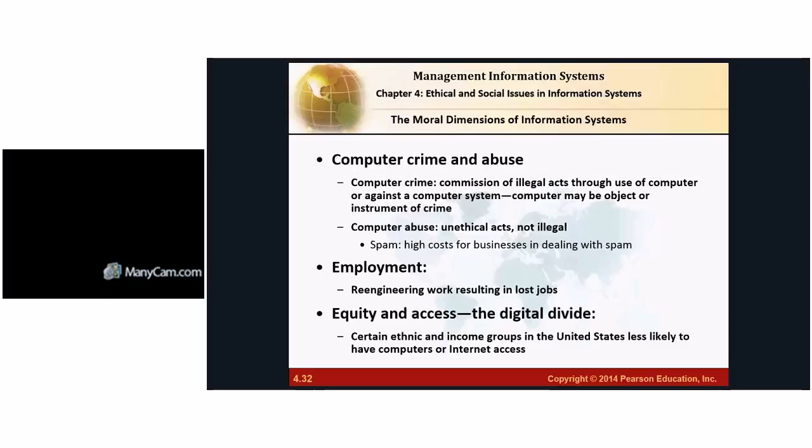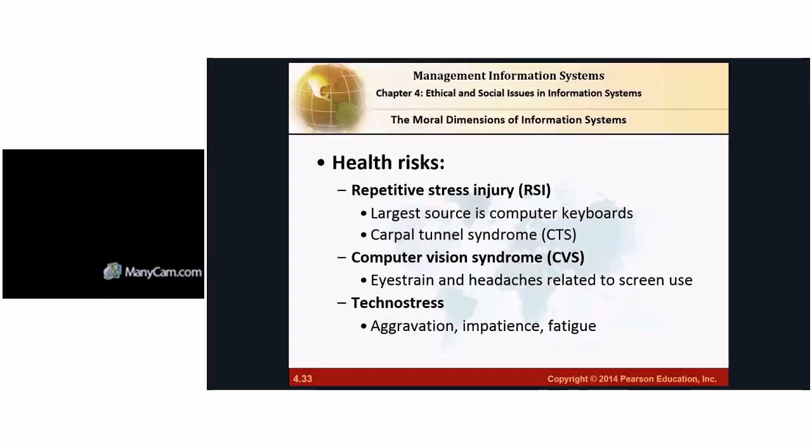So next one is the health risks which may occur when you're using information systems for a long time. Repetitive stress injury, the largest source being computer keyboards, carpal tunnel syndrome, and computer vision syndrome, eye strain, and headaches related to screen use.